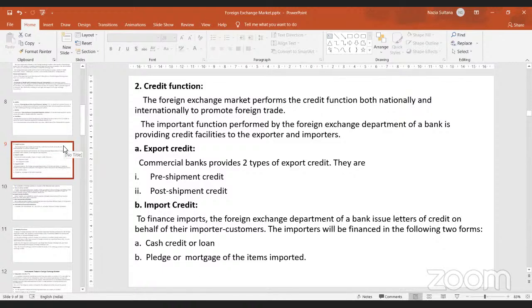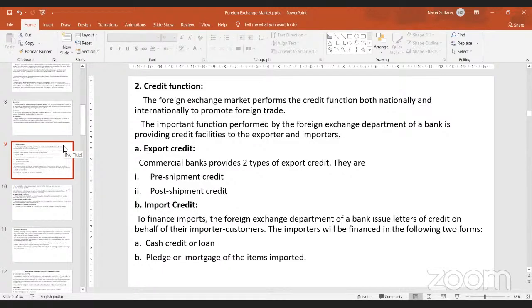So you have the second function, the credit function, where the forex market provides credit to the exporters and importers. The first one was the transfer function, where you do transfer through four mechanisms: SWIFT, CHIPS, CHAPS, Fedwire. The second function of the forex market is related to credit, which is given to exporters and importers to encourage foreign trade, whether for exporting or for importing.